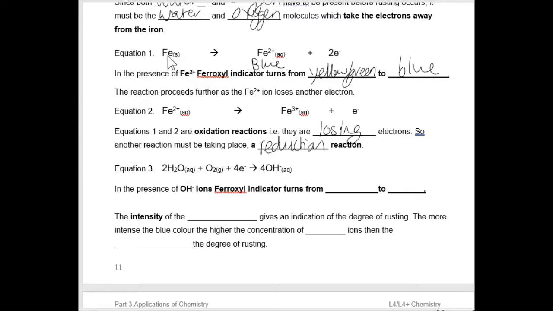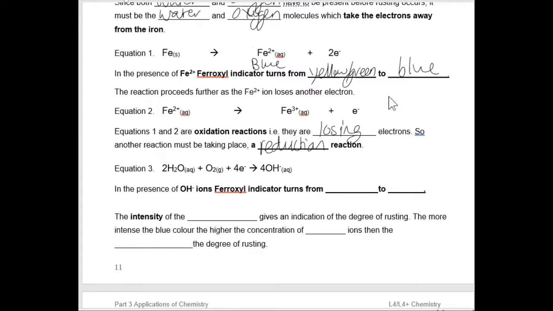When the paint has been chipped, rusting starts. That iron corrodes, it loses electrons. At first, it loses just 2 electrons in the very first reaction, and it forms Fe2+, which turns ferroxyl blue. That Fe2+ continues to react to form Fe3+.